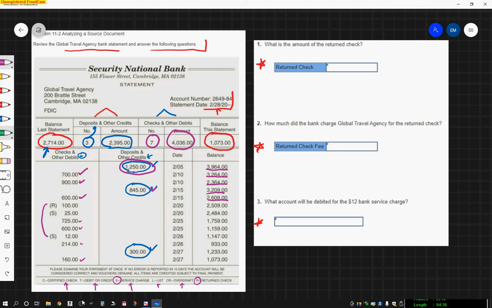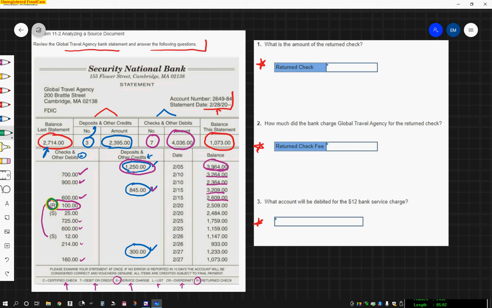So now, instead of having this number of $39.64, that has to get reduced. How do you do it? Well, you recognize right here that there's an R next to this 100. This is a $100 check that was returned. Right there. Put a nice green line around it.